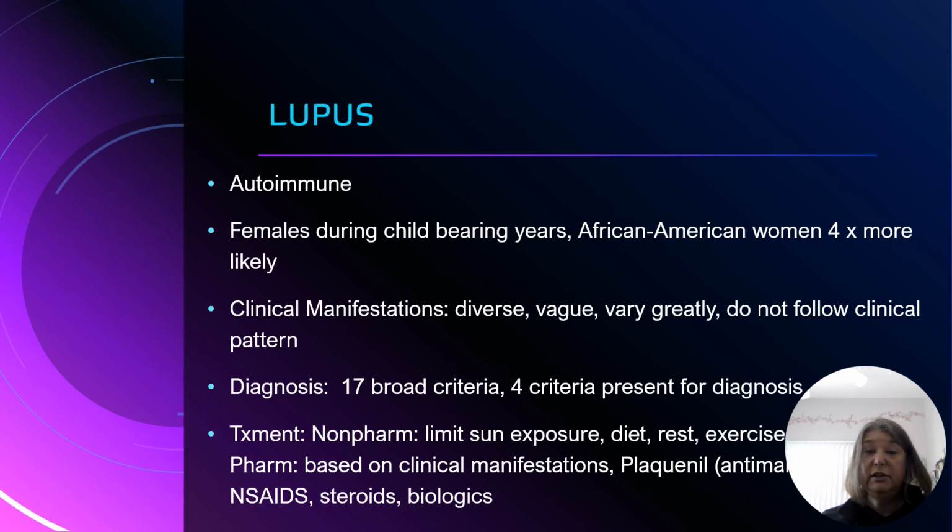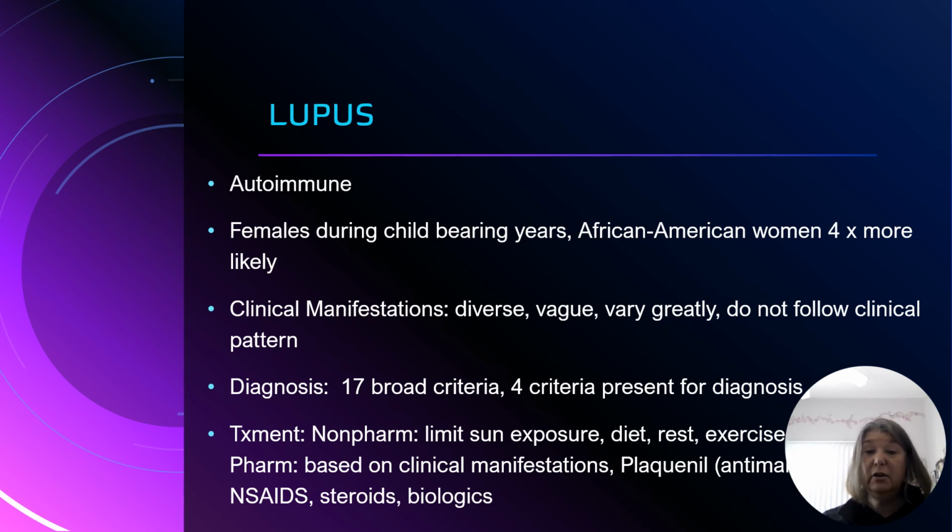Clinical manifestations of lupus, very diverse, very vague. They don't follow a clinical pattern. They vary completely from one person to another. There's definitely, though, fatigue. You can have a fever, myalgia, muscle pain, weight changes. All the symptoms are not always present in every person.